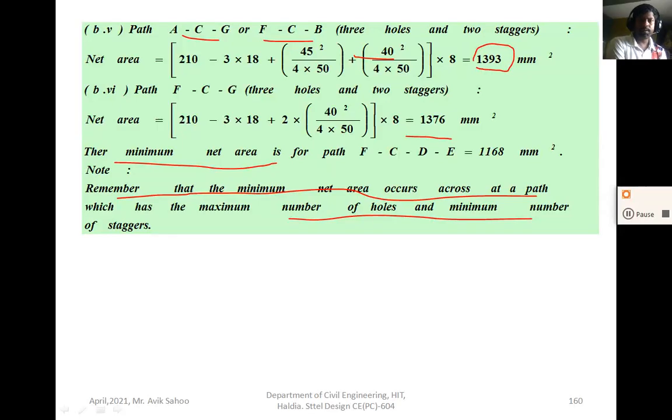In this example we have observed that the minimum net area comes where there is the maximum number of holes and minimum number of staggers. This is a very important point to remember, because by seeing a connection we can identify and choose the critical path of any connection.